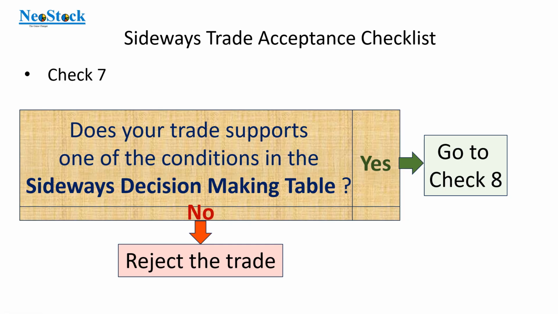Checklist item 8 is the last checklist item. So what is checklist item 8? And that is also different between bullish bearish trade setup and sideways trade setup. That means checklist item 8 is different from lesson 20. So what is the difference?